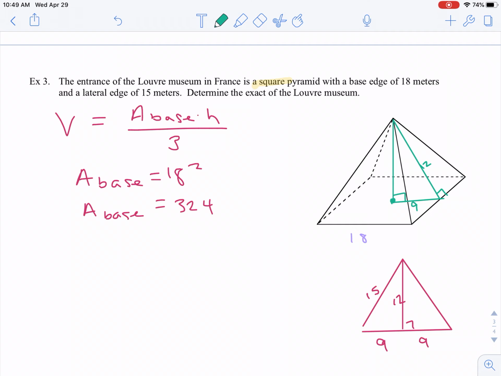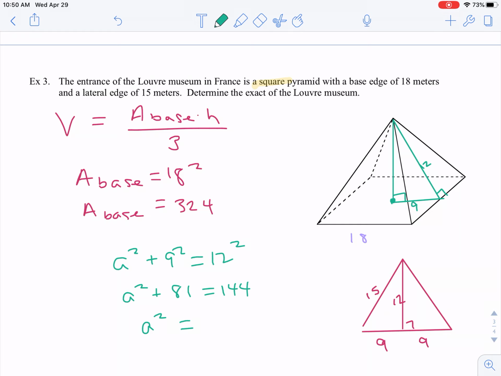So I'm going to have to do a squared plus 9 squared equals the hypotenuse squared. So a squared plus 9 squared equals 12 squared. So I need to figure out what that height is. So a squared plus 81 equals 144. I'm going to subtract the 81.